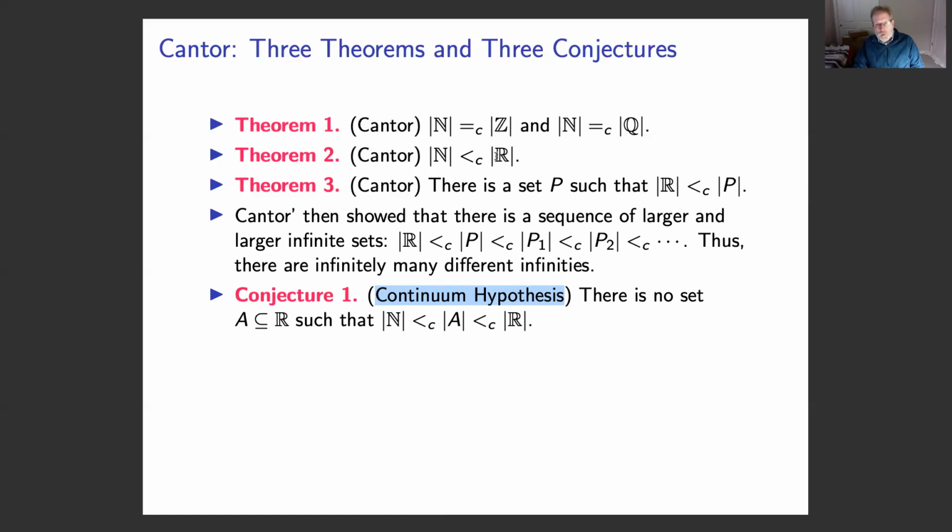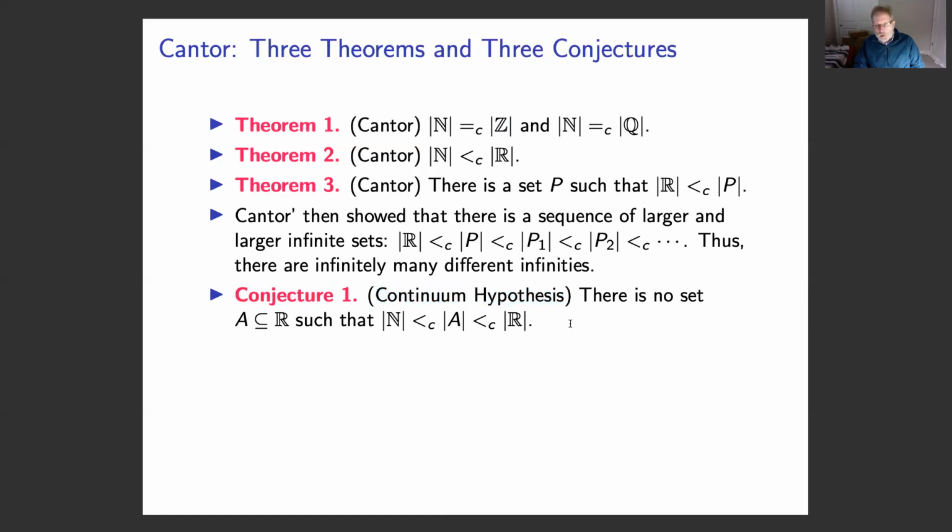Then Cantor said, well, wait a second. Is there a set A that is strictly bigger than the natural numbers and at the same time strictly smaller than the set of real numbers? Well, that's what the continuum hypothesis says. It's just a conjecture. We don't know if it's true or false.